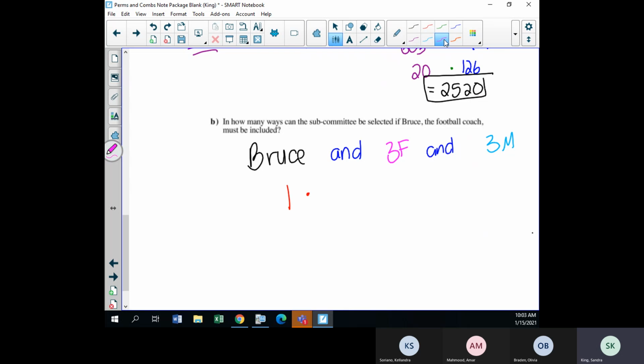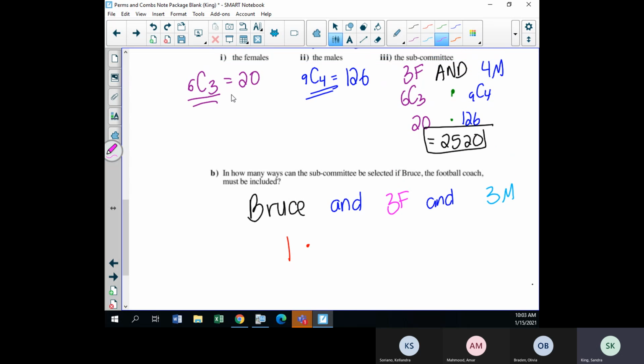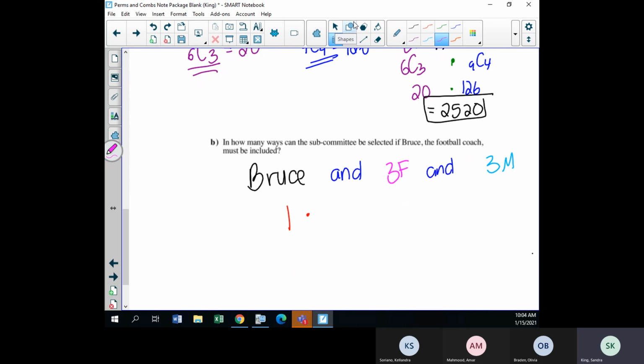And 3 females, we had that up here, which was 6 choose 3, because there was 6 total to choose from for girls, and we're choosing 3 of them. So 6 choose 3 times. Now, males, we've got to be careful. We're choosing 3 of them, but how many males do I have left in my pot after Bruce is gone?